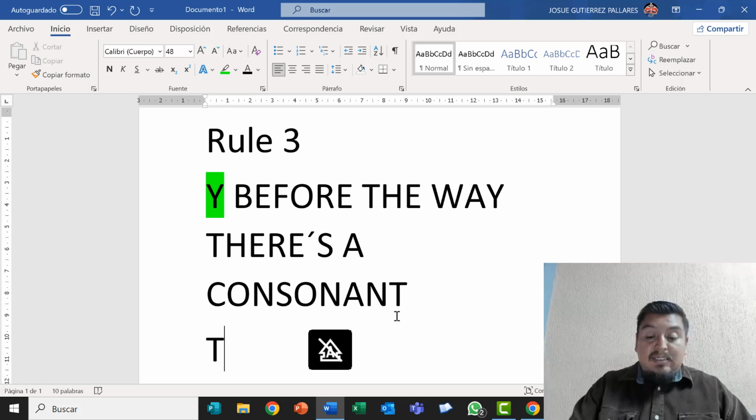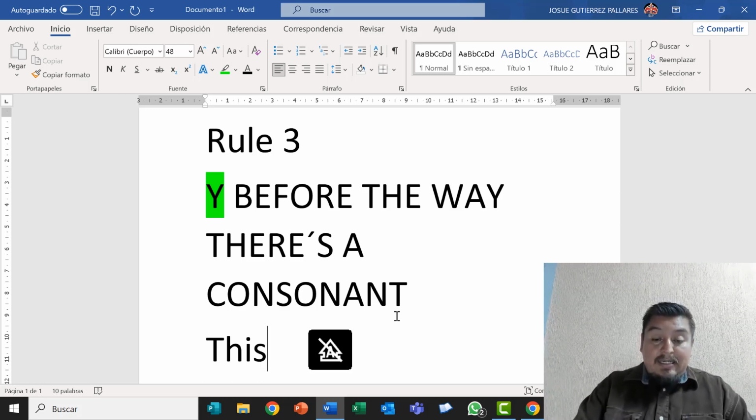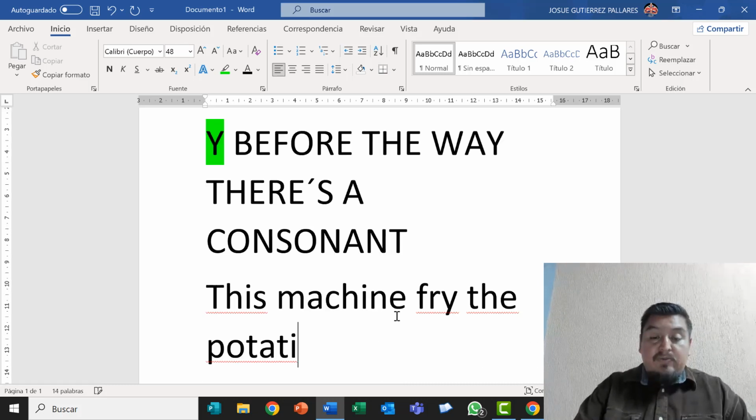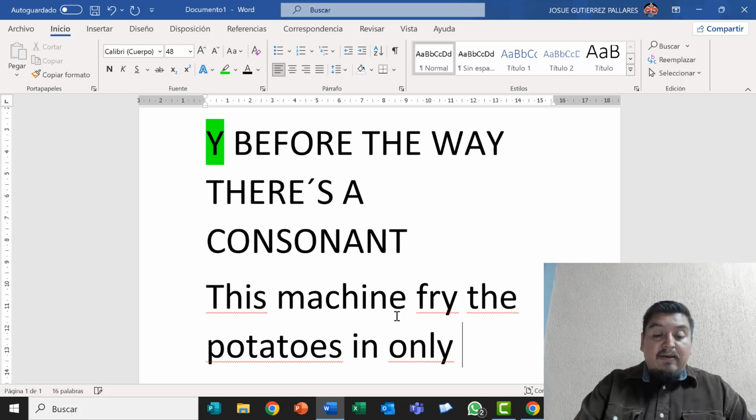So this machine fry the potatoes in only 20 seconds.